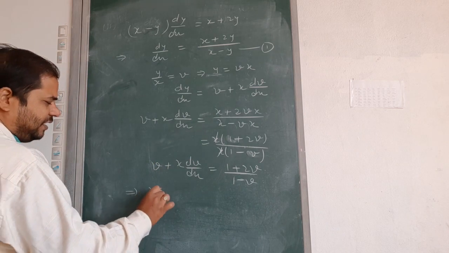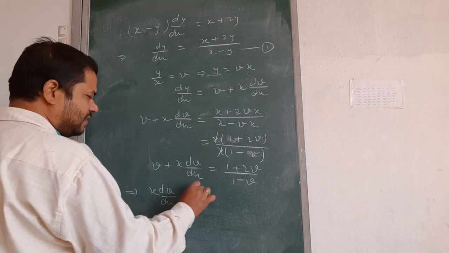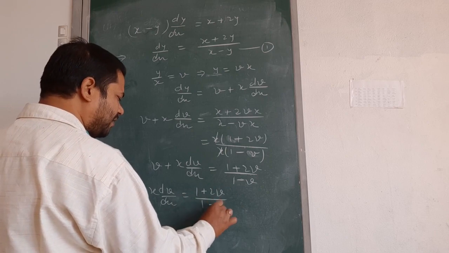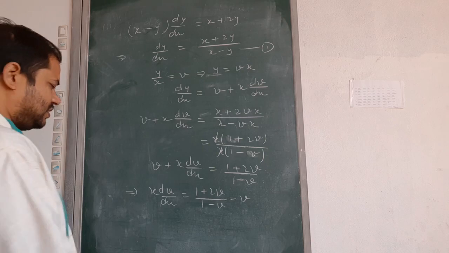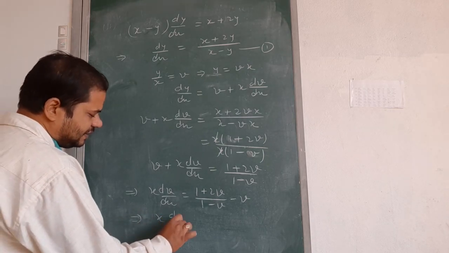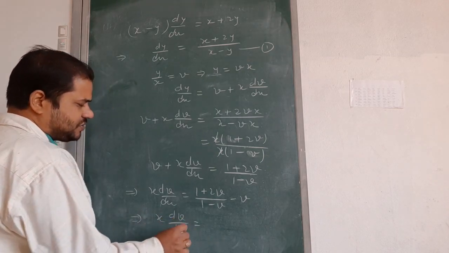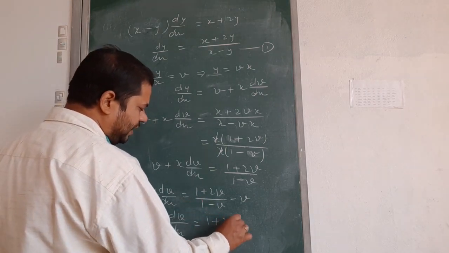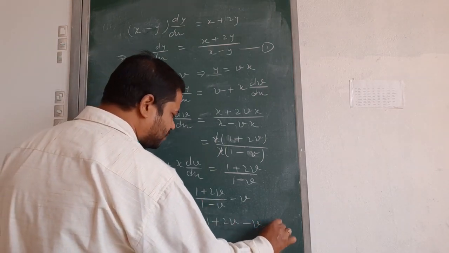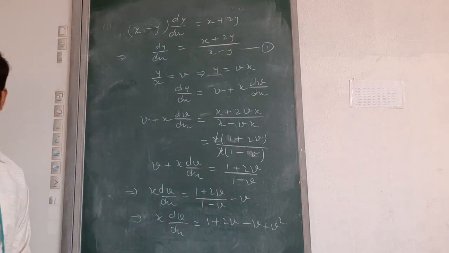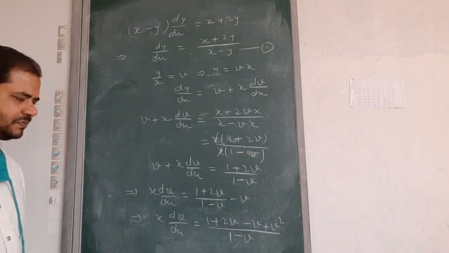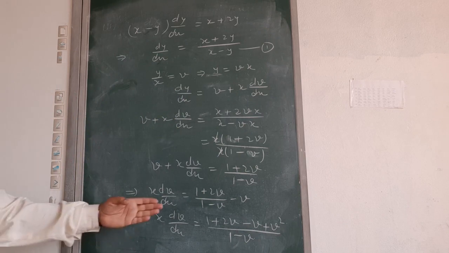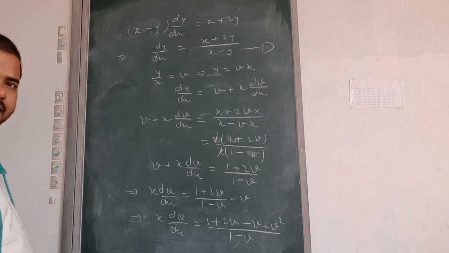So x dv by dx is nothing but 1 plus 2v divided by 1 minus v, minus v. So x dv by dx is equal to 1 plus 2v minus v plus v square, divided by 1 minus v. You know this thing?